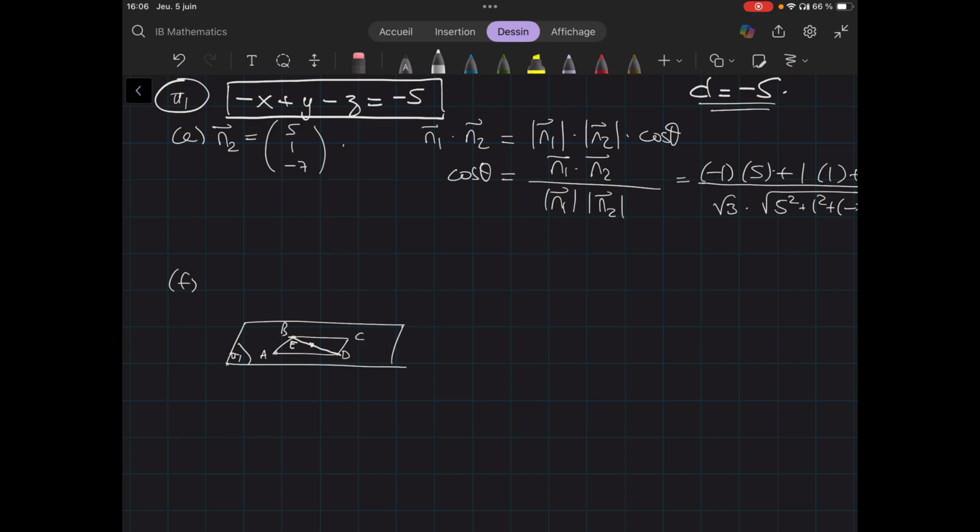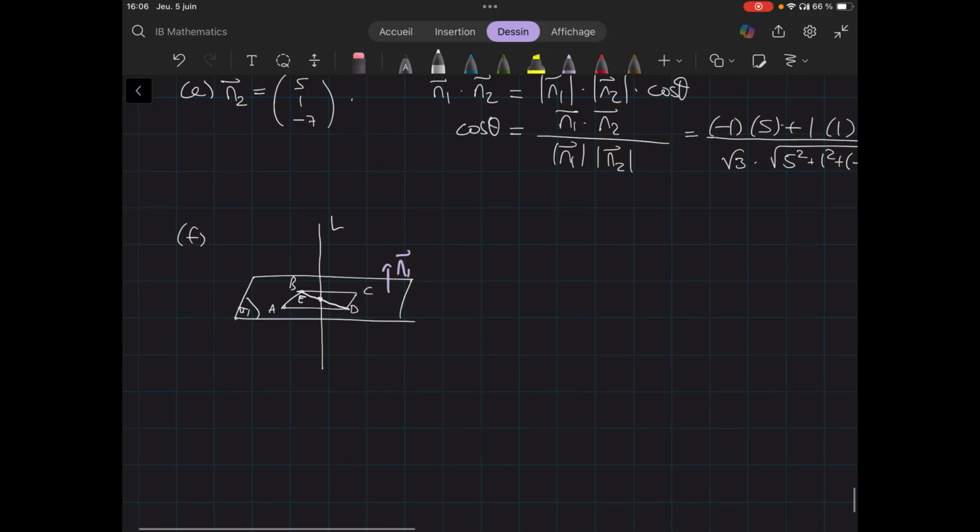We are also given that L passes through E, and L is perpendicular to pi 1. So that's L. And it is in the same direction as the normal vector of the first plane. We are also given the second plane. It doesn't matter how you sketch it. Let's say it looks somewhat like this. And you're asked to find the point of intersection F.